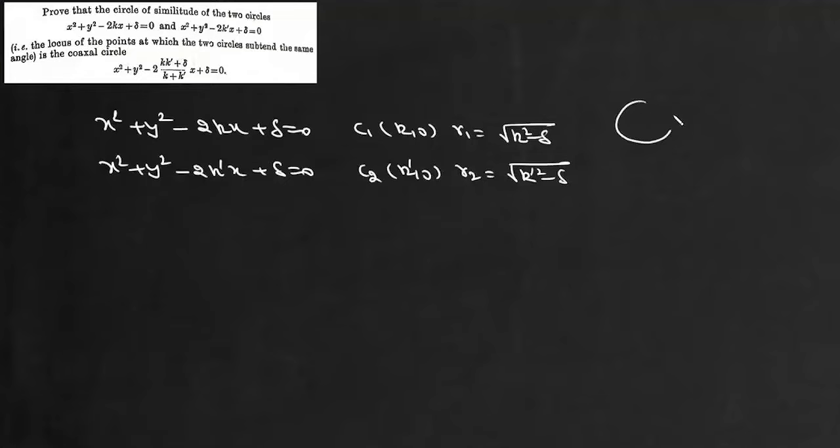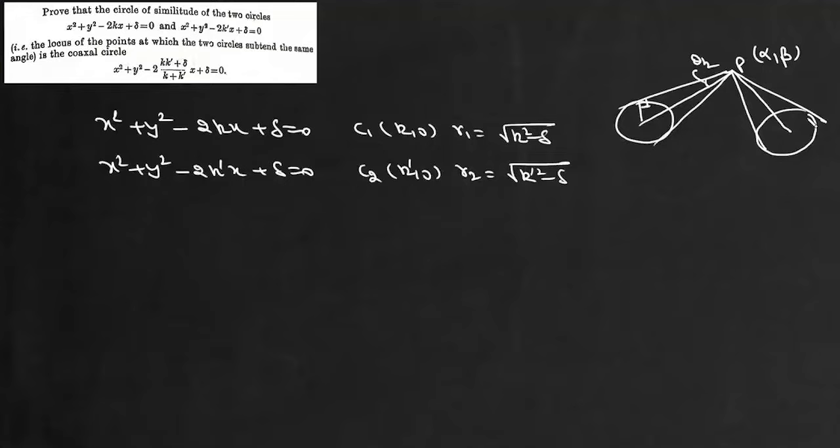Now both the circles subtend equal angle at this point P. We have to find the locus of this point P. Now suppose this point is alpha beta. Now if this is theta, then this is theta by 2, and here also this is theta by 2.